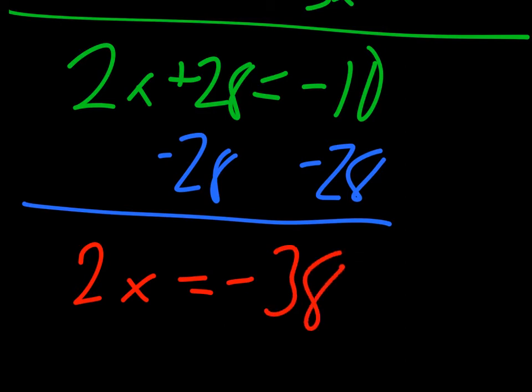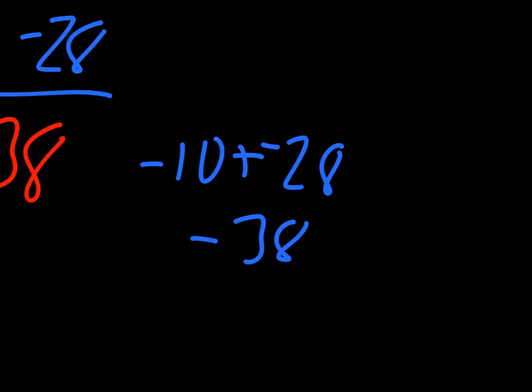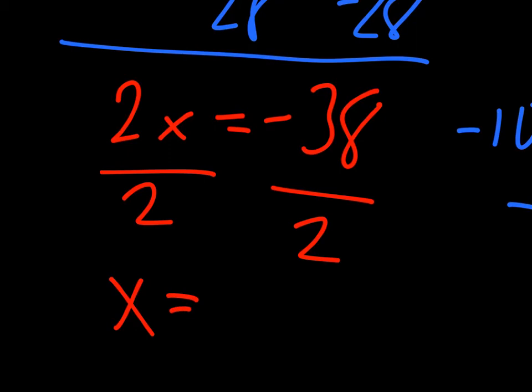When you have a negative 10 and a negative 28, you are adding, because think of it this way. If you have negative 10 minus 28, you add the opposite. So this becomes negative 38. So negative 38, we divide by 2 on both sides. X equals, what is that, 19? I think it's 19.